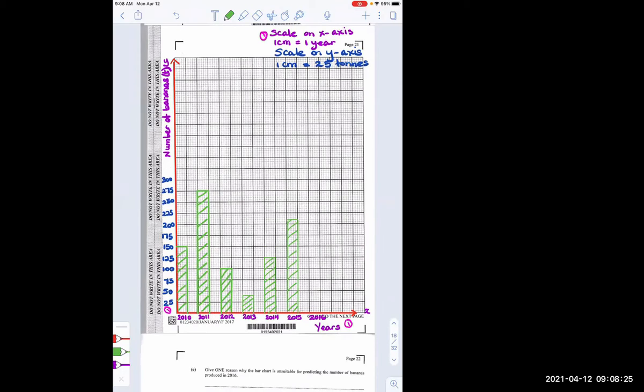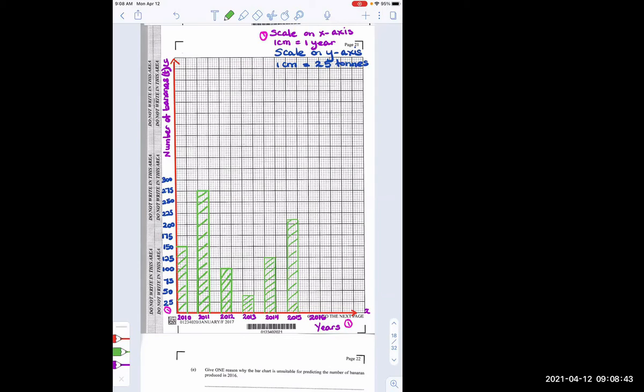So just like when you were doing your SBA and you plotted a graph which was a visual representation of the data that you would have presented, there are certain things that you can say about the data.